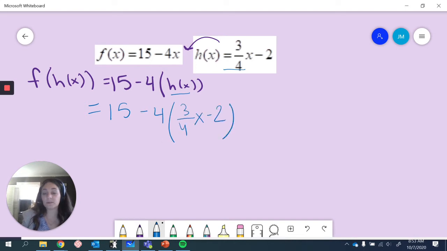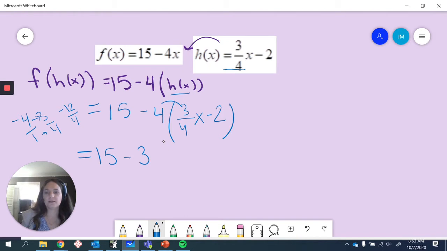And then we simplify. Okay, so I'm going to distribute the 4 in. And a reminder that negative 4 times 3/4, when you're multiplying fractions, that negative 4 can go over 1, and you go straight across. So that's negative 12 over 4, and negative 12 divided by 4 is negative 3. And I had already written my minus sign.